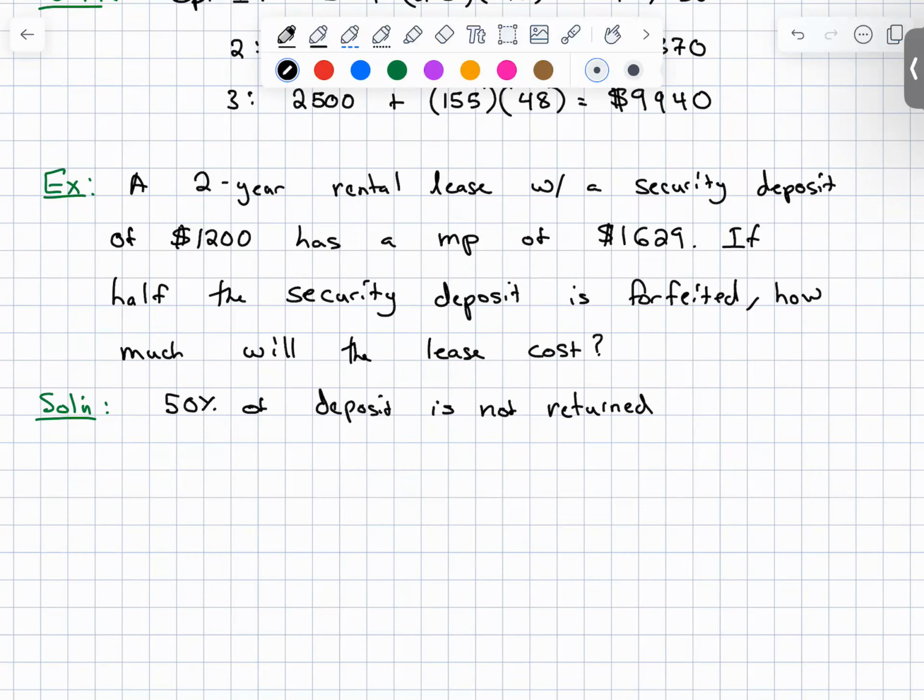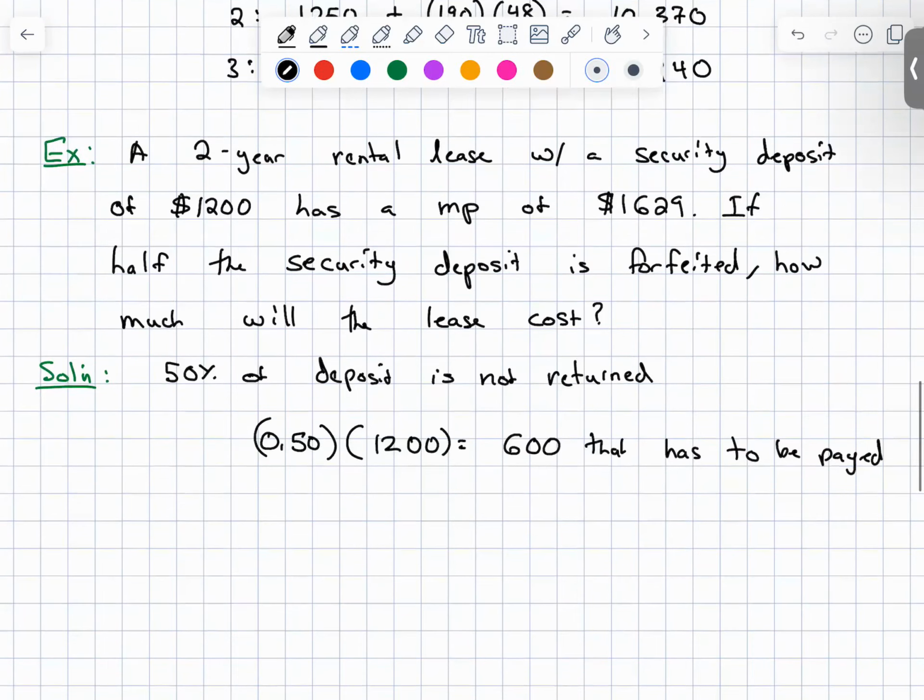So 50% of 1,200. So 0.50 times 1,200 equals $600 lost. You'll get $600 back, but $600 has to be paid. That is an additional cost of your loan. You get $600 back, but you still had to pay $600 for the apartment.